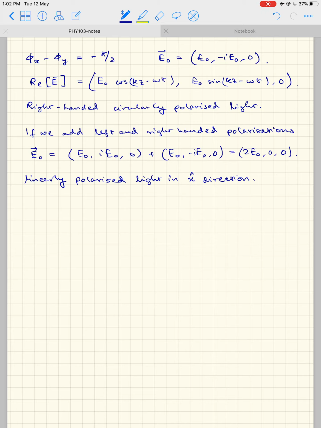Okay, so let me write this down for you. Circularly polarized light and linear polarization.